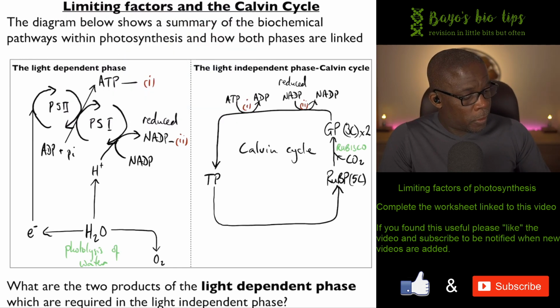The whole point of this is to be able to generate larger biological molecules which the plant might need, such as glucose. And from the previous video, you would also know that the other substances involved act as intermediates on the way to making other larger molecules. So that's the recap of the light-dependent phase and the light-independent phase.